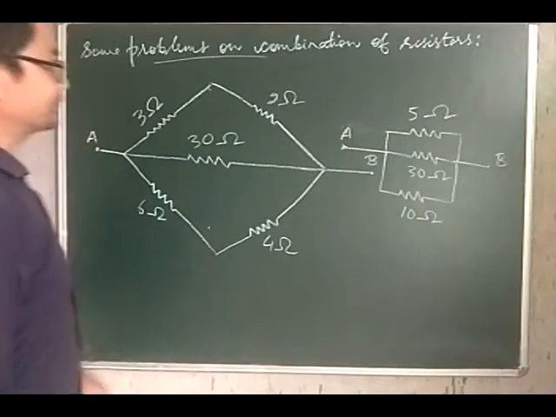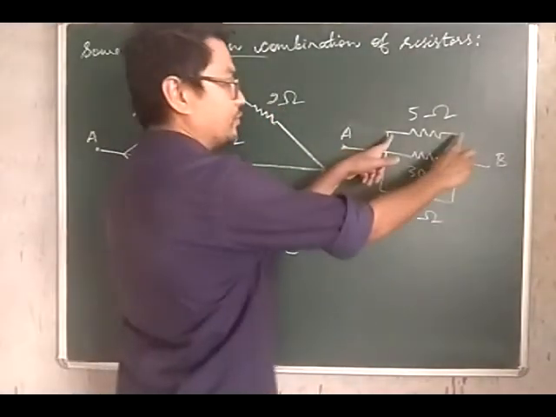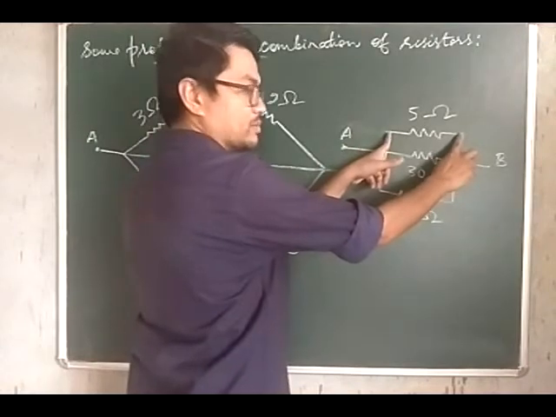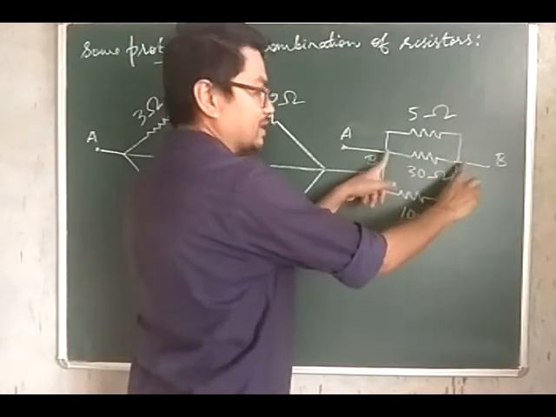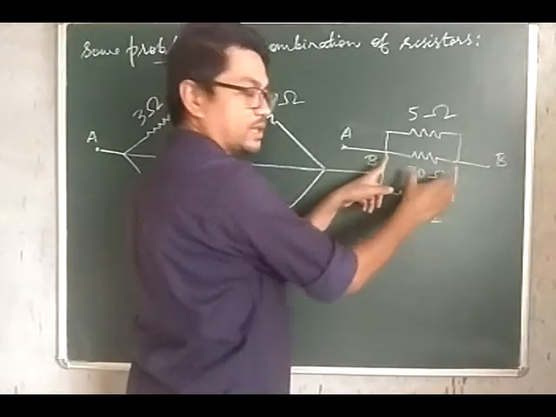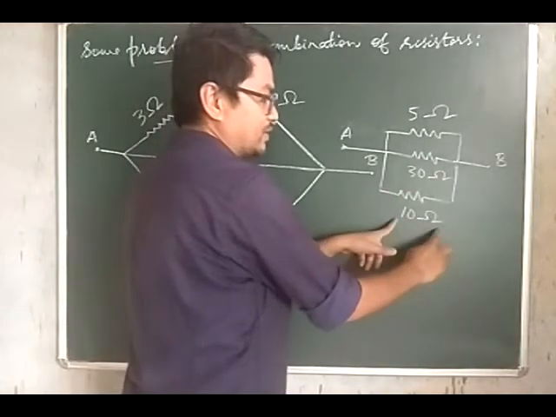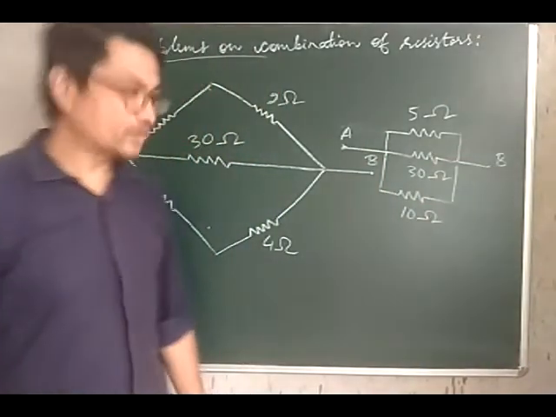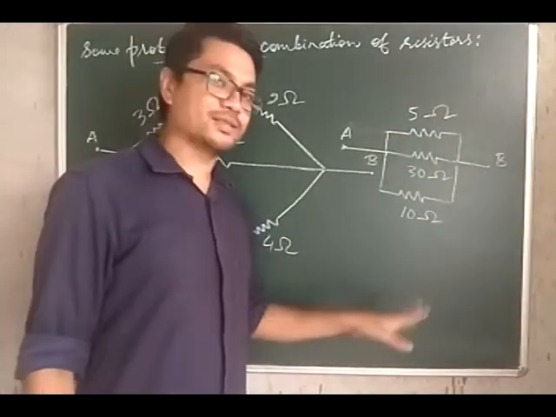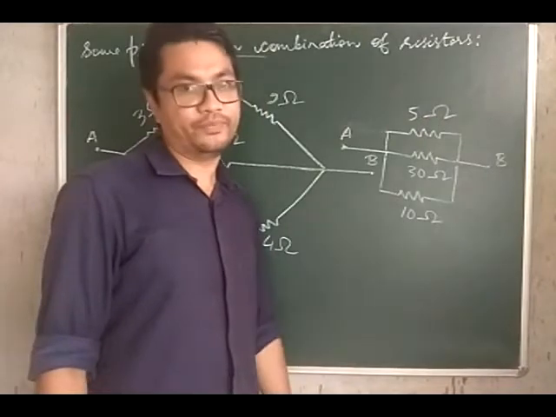Now we see that the two ends of the equivalent 5 ohms are connected to the same two junctions as the 30 ohms, and the two ends of 10 ohms are connected to the same two junctions here. So these 3 resistors, as you can make out from the picture also, are in parallel.